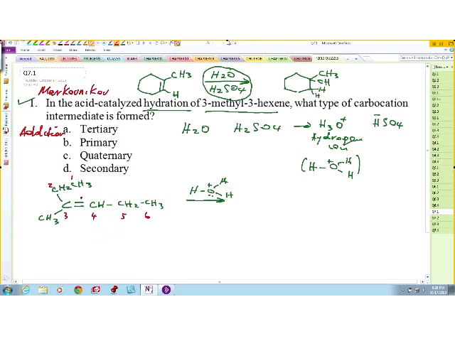Okay. So the pi electron, the 2 electron moves here to grab this hydrogen here. And in so doing, we are going to break the hydrogen-oxygen bond. So we form this.